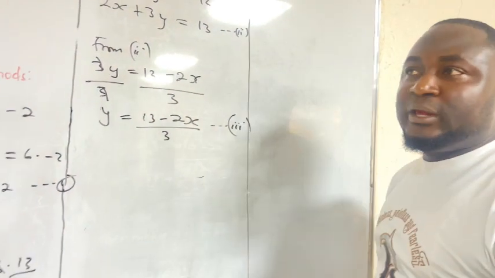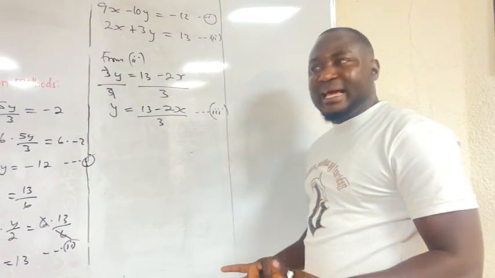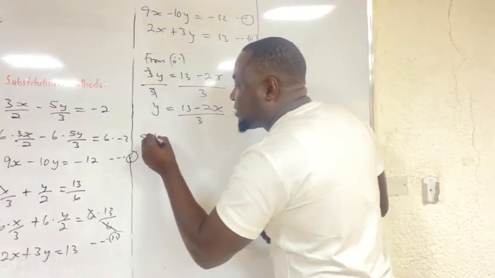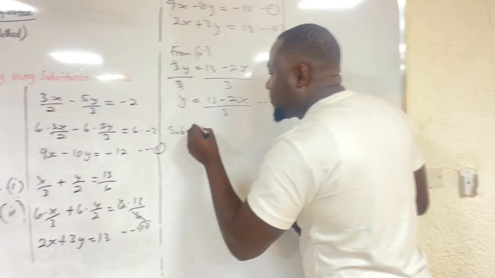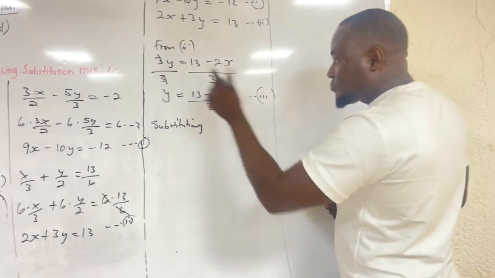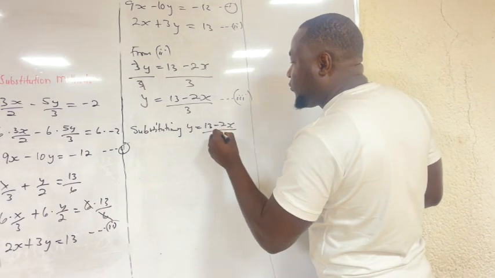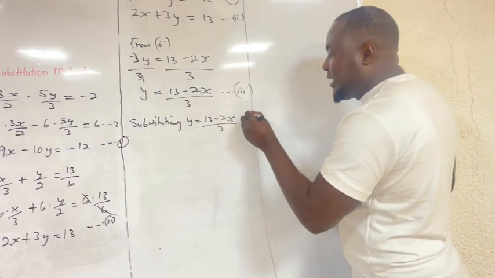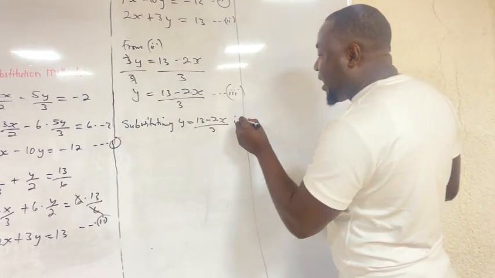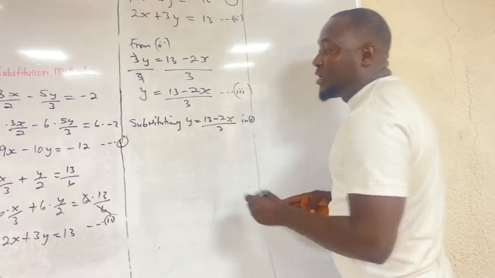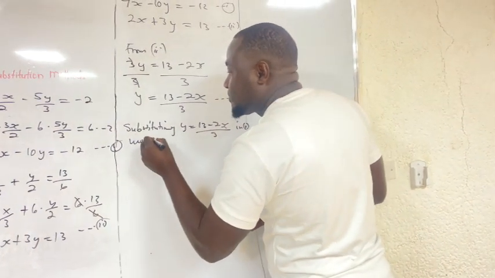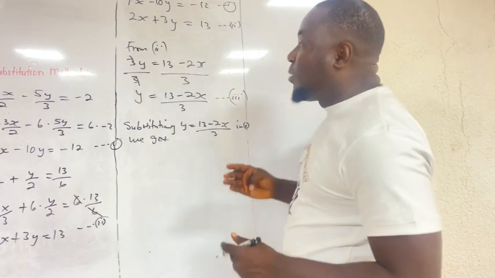This is equation 3. So now what are we going to do next? We substitute. That is substituting y is equal to 13 minus 2x over 3 in equation 1. We are going to substitute this in equation 1. We get, now what says equation 1?